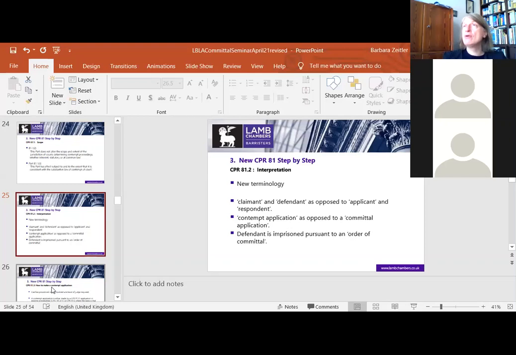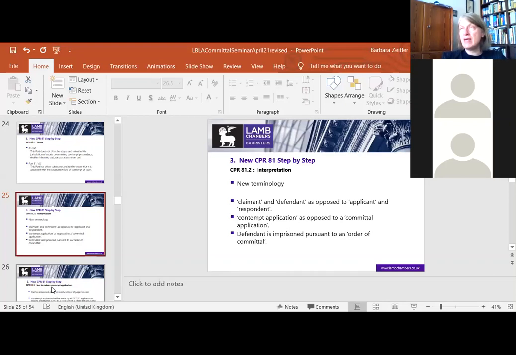And you may already have noticed that it is no longer called a committal application. The new terminology is a contempt application.